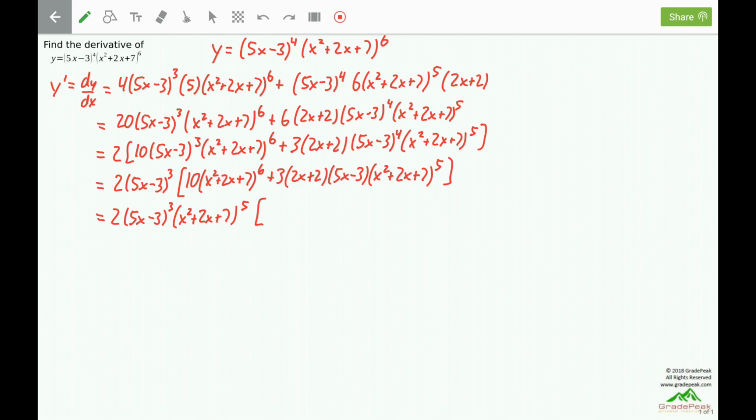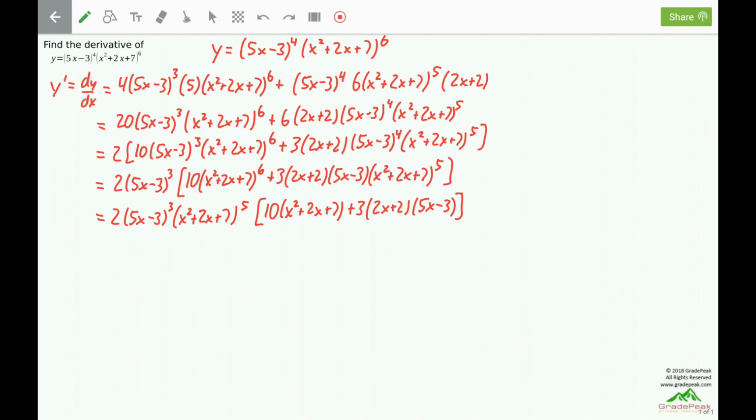Now what that's going to leave us with, well, we're taking away 5 of them. So we have 6 of them here. If you take away 5, that'll leave 1. And here we're going to remove all 5. And there's what we should have left. So 10 times (x squared plus 2x plus 7) to the first power plus 3 times (2x plus 2) times (5x minus 3), and that's it there.